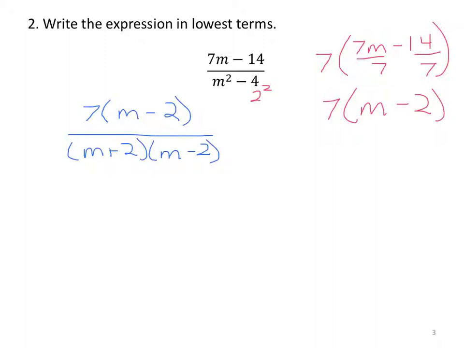So you don't add m squared and 4, you add m and 2. Okay, now we are down to as much as we can factor, so we can go on to reducing. m minus 2 cancels with m minus 2. That's all that cancels, so we're left with 7 over m plus 2 as our solution.